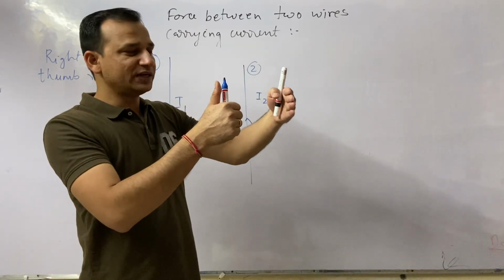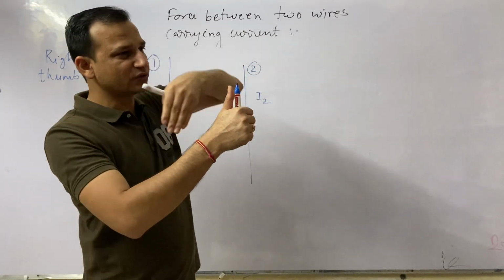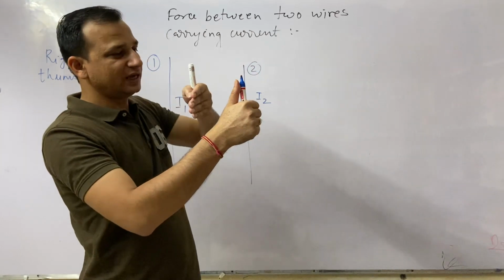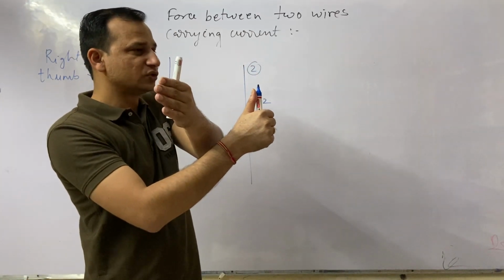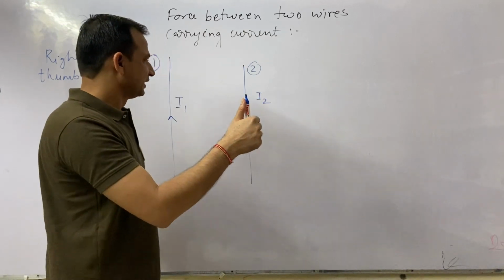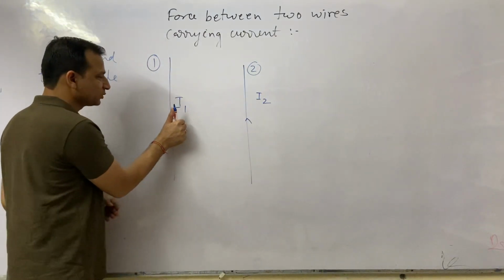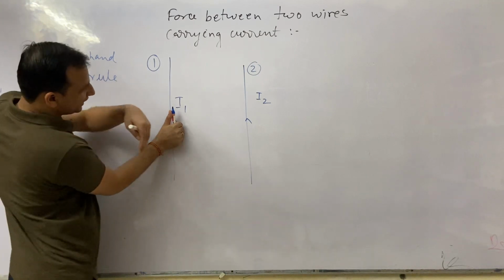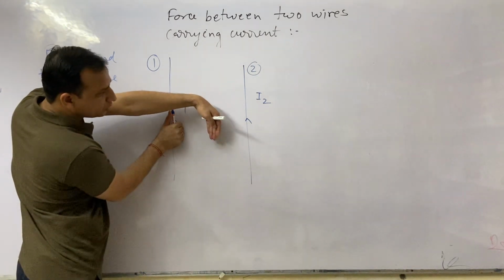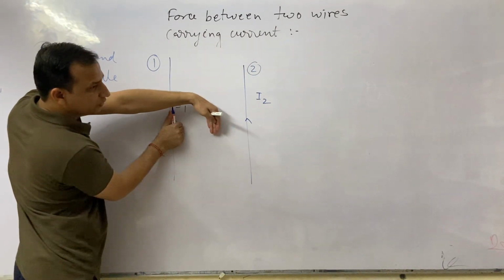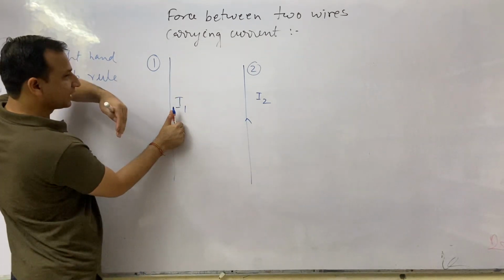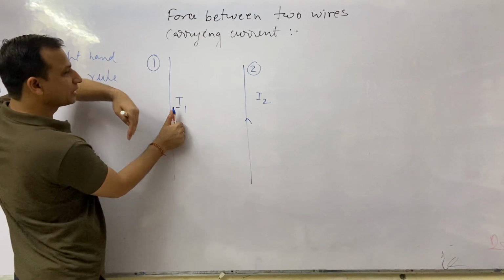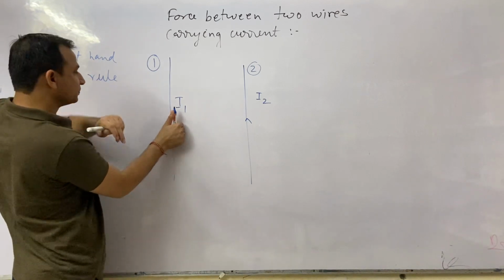To the right side of the wire, magnetic field lines are going backward, and to the left side of the wire, magnetic field lines are coming towards you. Or if I keep this pen on this board, then the magnetic field lines are going into the page or the whiteboard, and to the left side of this wire, the magnetic field lines are coming out of the whiteboard or page for you.